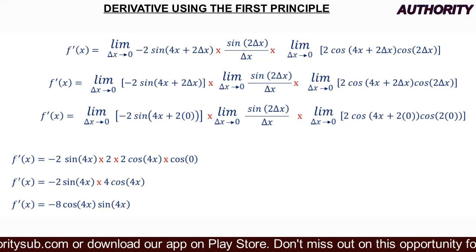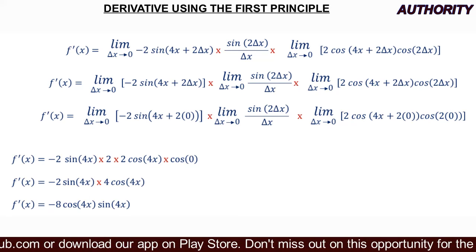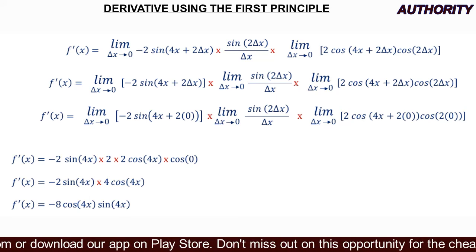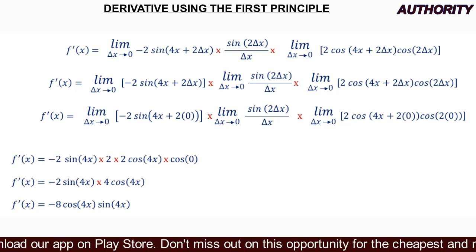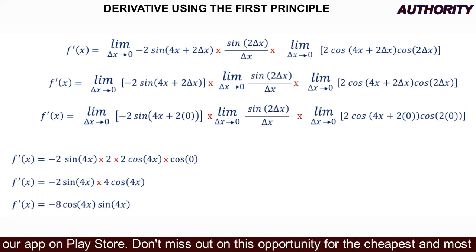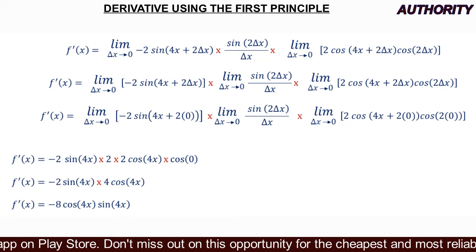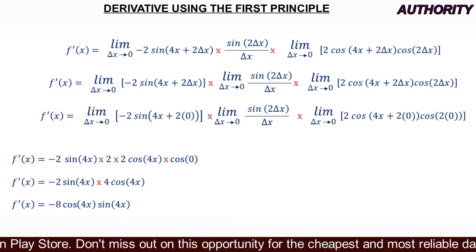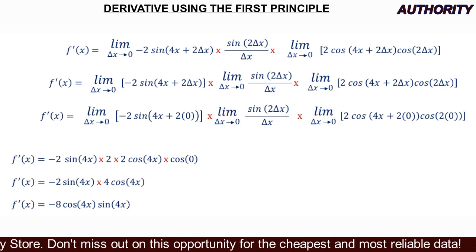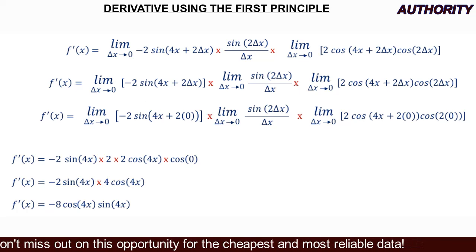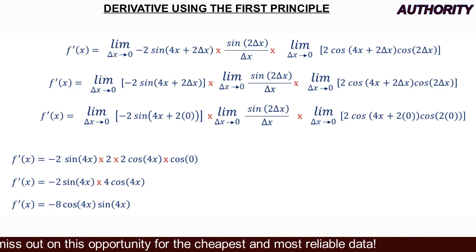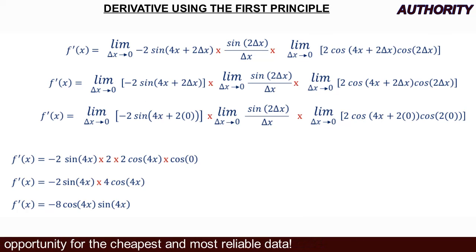So when you evaluate the derivative of y equal to cos squared 4x with respect to x, it is going to give you minus 8 sin 4x cos 4x. You can use any other method. It's going to give you the same thing. So this is how to find the derivative of a function like this using the first principle or by definition.